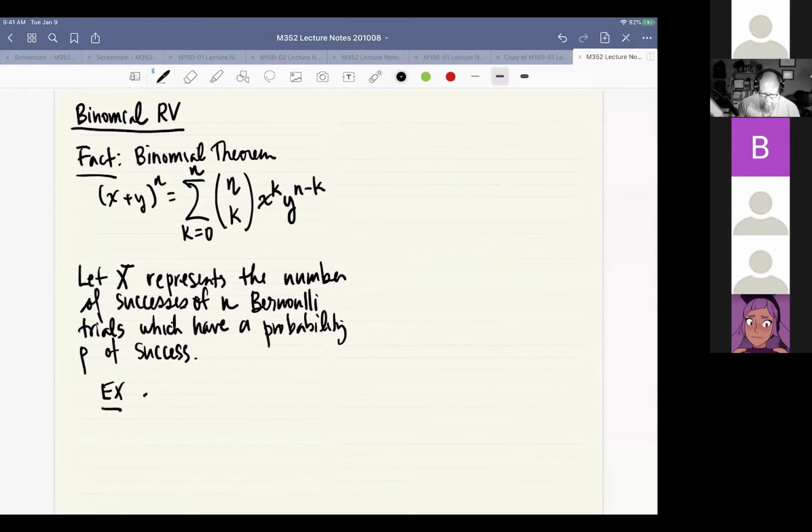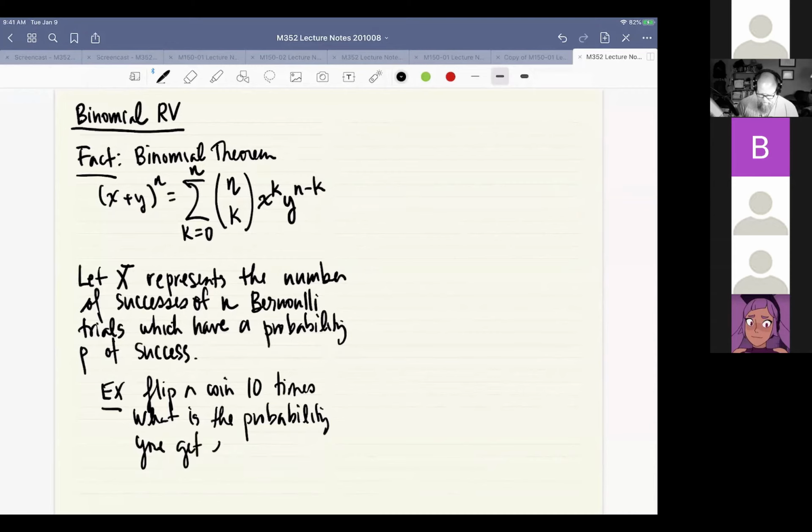So like flip a coin 10 times. What is the probability you get exactly 5 heads? That would be measured by a binomial random variable. The probability you get 5 heads.